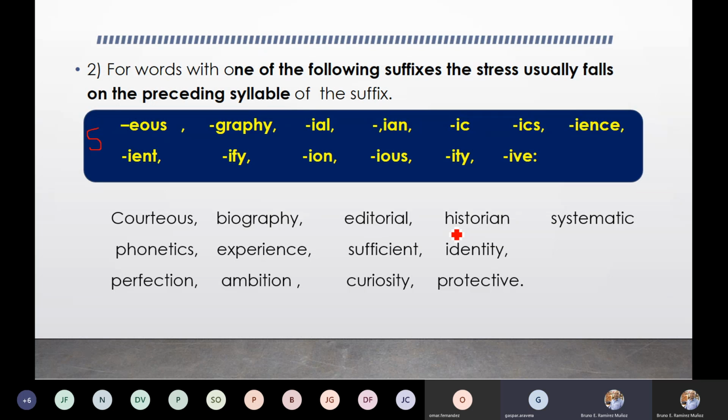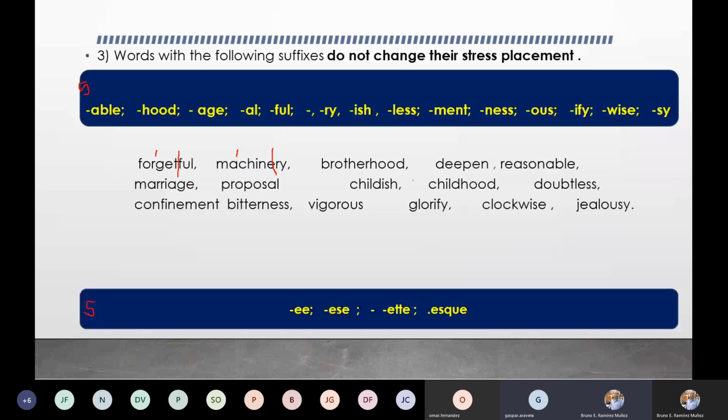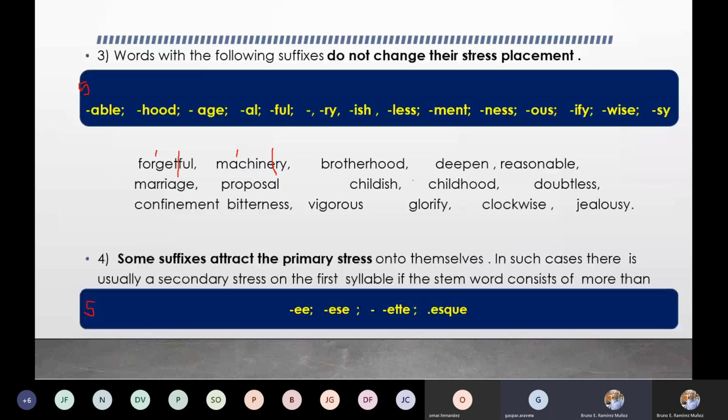Not courteous, not perfection, not ambition, not curiosity, but any different words. Exactly, 5 from this box, 5 from this second blue box, and 5 from the last one.